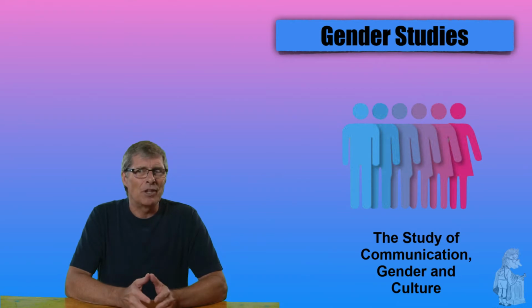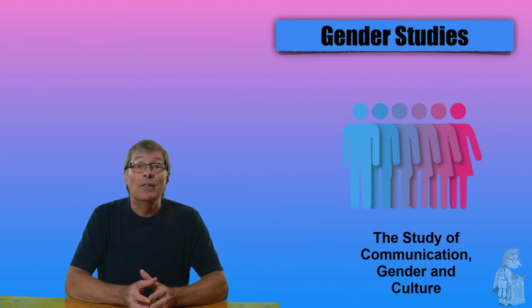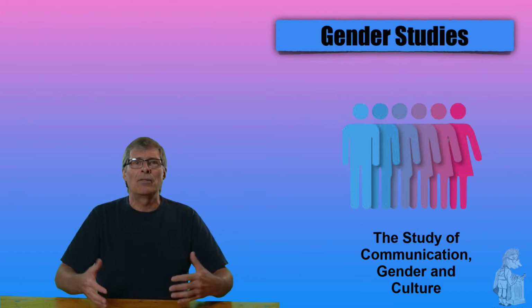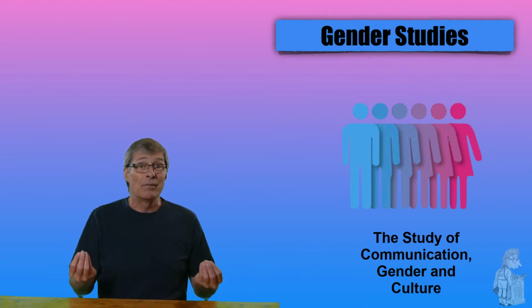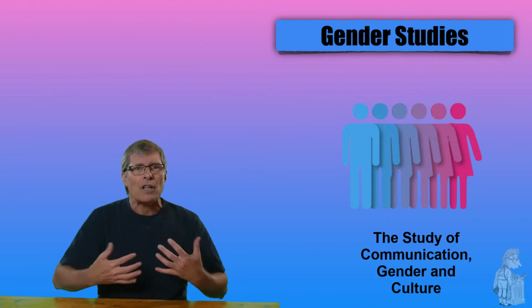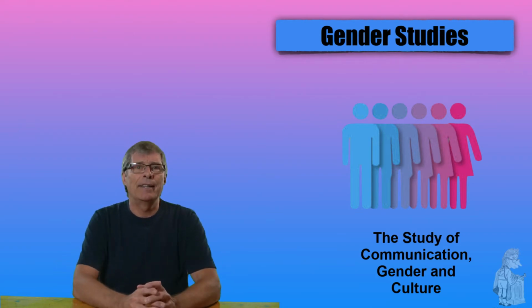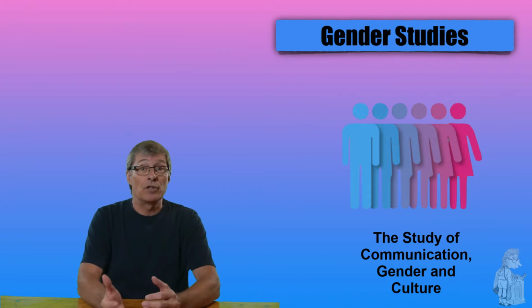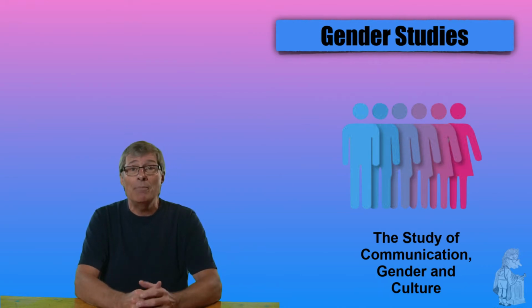That seems way too recent for something as big and as important as gender, communication, and culture. Research on gender takes place in many academic fields, and researchers use a variety of methods and perspectives to study gender. We will review these this week.